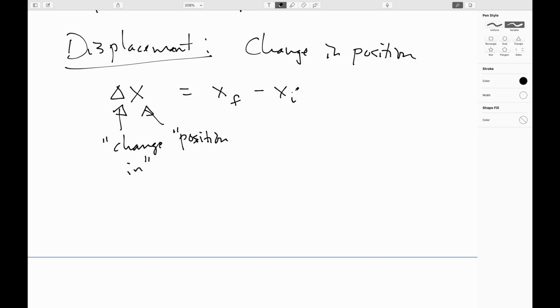Physicists usually use subscripts to indicate two different instances of the same kind of quantity. So x sub f means position final, x sub i means position initial. The physical dimension of displacement is a length, and typical units would be meters.